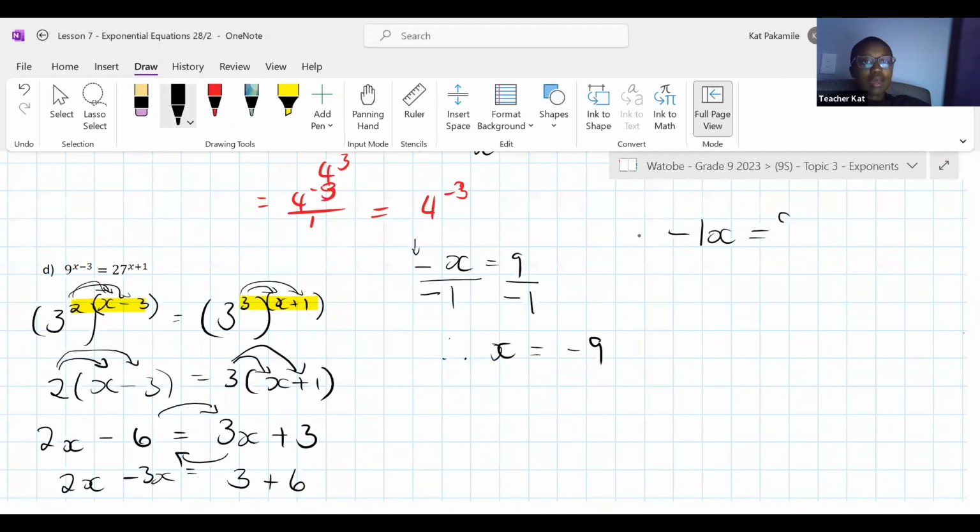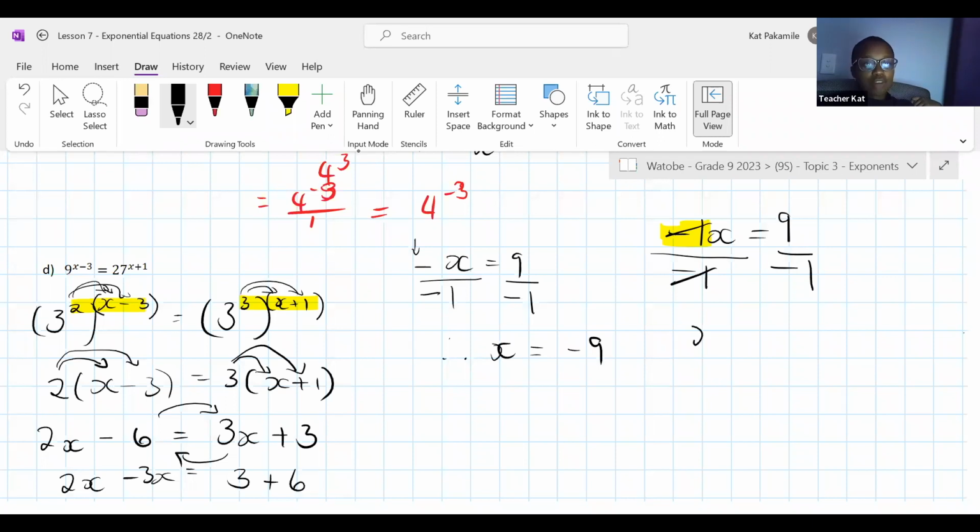But we are solving for x. We are not solving for negative x. Oh, okay. The only way to get rid of this negative 1 times x is to divide by negative 1. Then these will cancel. But what you do on the left, you have to do on the right-hand side.